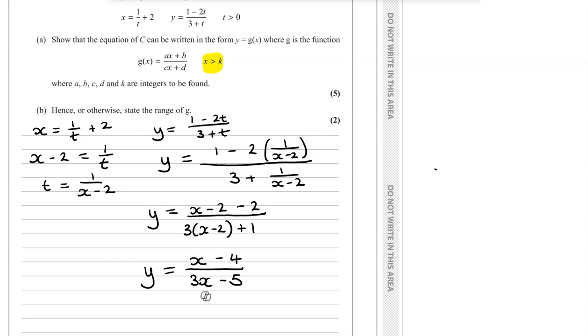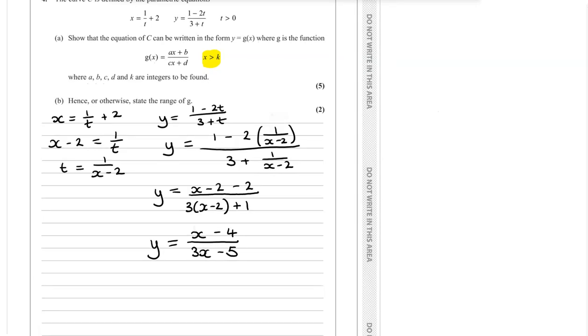because I'm told that g of x equals ax plus b over cx plus d. So I found what a, b, c and d are, but I'm also told that x is greater than k. So this is the domain of the function. So basically I need to find out what the domain is of this.